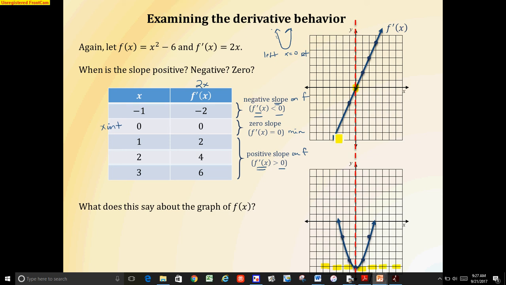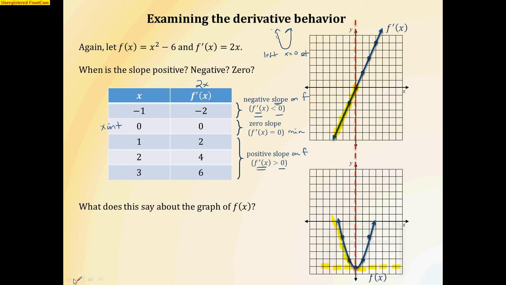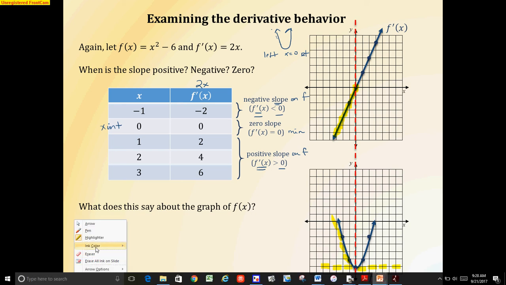Where f prime is negative, f has negative tangent lines. Where f prime is positive, f has positive slopes. Tangent lines with positive slopes. Crazy, right?